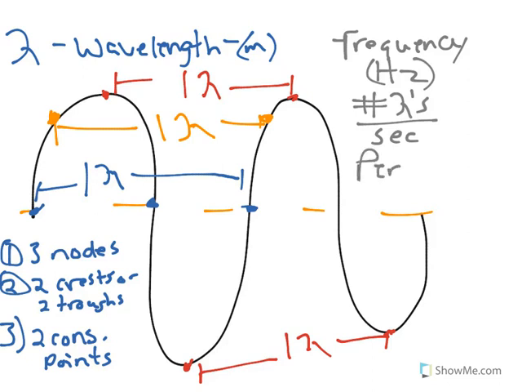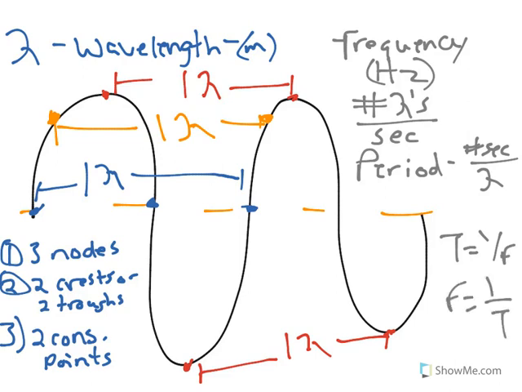And the period is the number of seconds per wavelength. And we need to know that the period equals 1 over the frequency, and the frequency equals 1 over the period. They're reciprocals. They are inversely related to each other, and the period is measured in seconds. Okay? So we've got wavelength, frequency, and period.